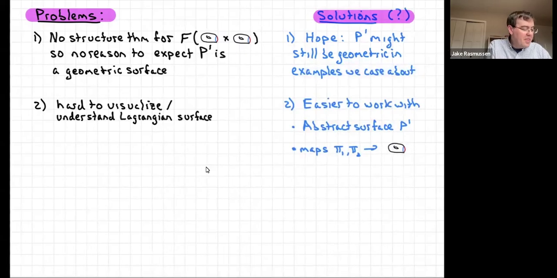And for two, there's a pretty concrete answer, which is that instead of trying to think about this four manifold in our heads, we should think about this abstract surface, P prime, and the two maps pi 1 and pi 2 that it has to the two factors. And that's something we can think about in a geometric way and draw pictures of. It's a little harder than drawing curves, but maps of surfaces is something you can draw a picture of.